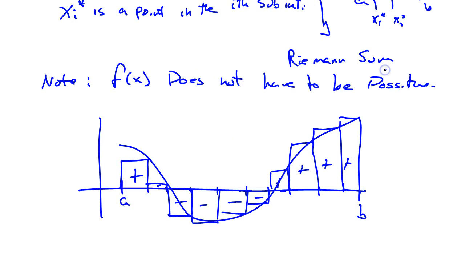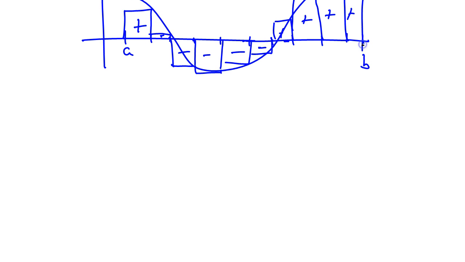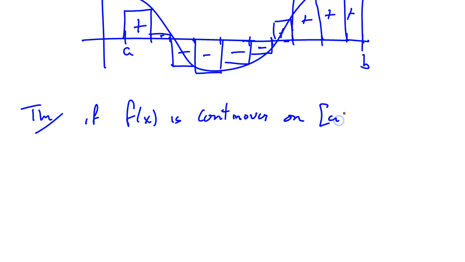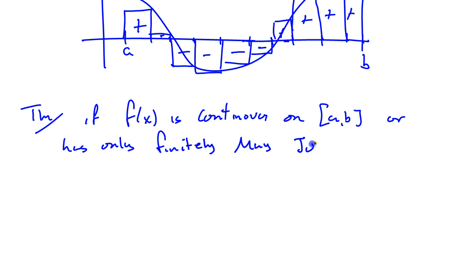Now there's two theorems I want to get out here before we actually do some calculating. The first theorem says that if f of x is continuous on the interval a to b, or has only finitely many jump discontinuities, what do I mean by jump discontinuity?